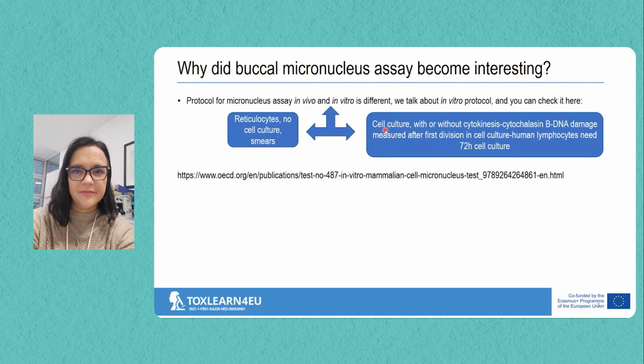So to finish this technique, you need a 72-hour cell culture, and you are assessing the DNA damage in the cells after the first division of your cells, and usually after the adding of one chemical called cytochalasin B that stops the cytokinesis. So it allows karyokinesis to appear, so that from the mother cell new daughter nuclei are made that are sharing the same cytoplasm, and you are checking this shared cytoplasm for the DNA damage.